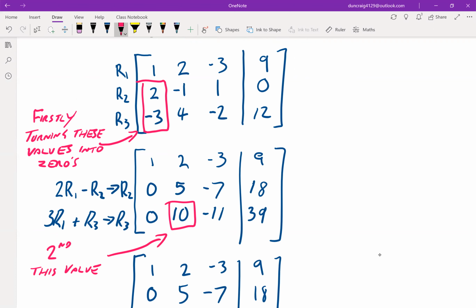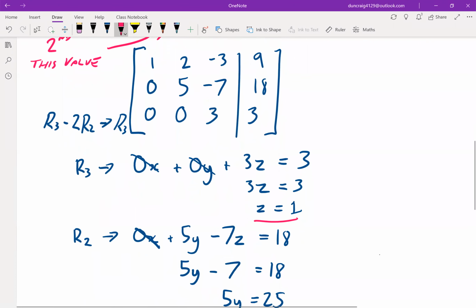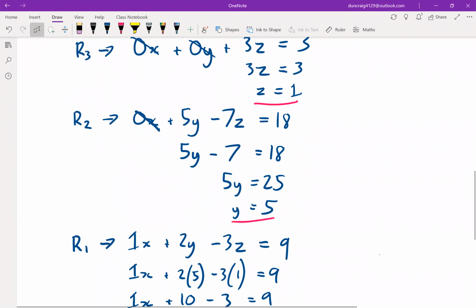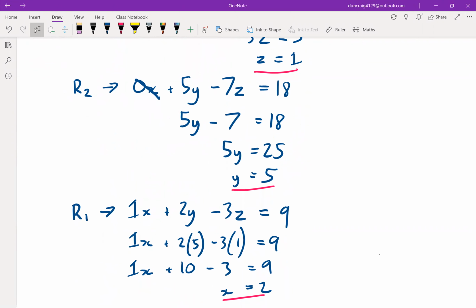Okay. Alrighty, so in this first scenario, there's always going to be a unique solution.